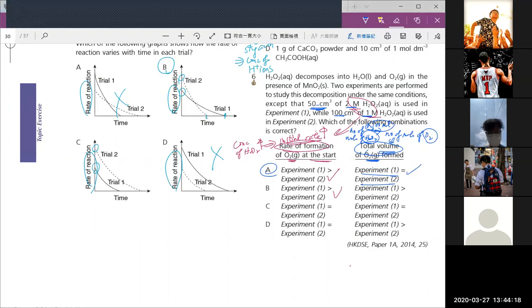The question is, when considering that type of reaction, that type of questions about rate of reaction, we mainly consider 2 concepts. What are the 2 concepts? Do you understand?